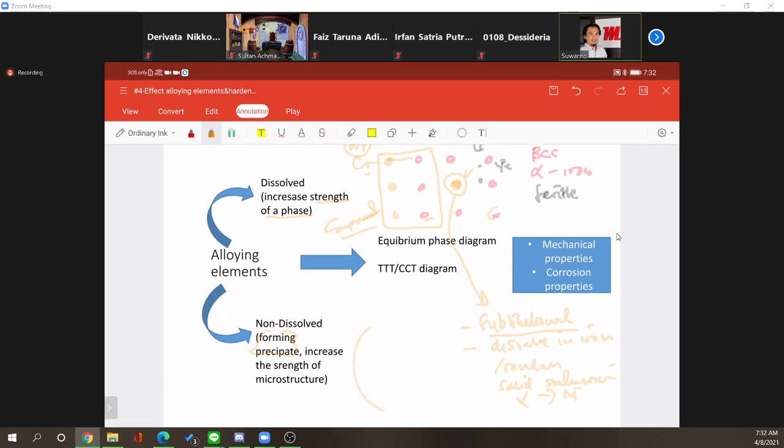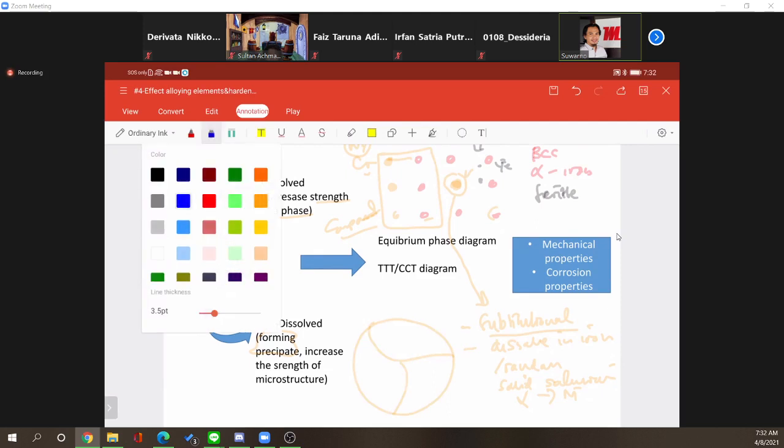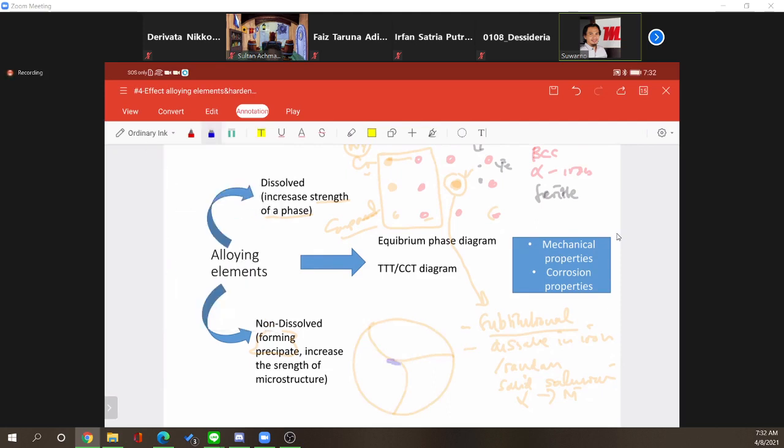If you have a microstructure containing grain boundaries, usually the second phase forms there, and we call it precipitate because it usually forms in between the main phase. The morphology has nothing to do with chemistry, but with the fact that it forms between the main phase. That's why we call it precipitate.